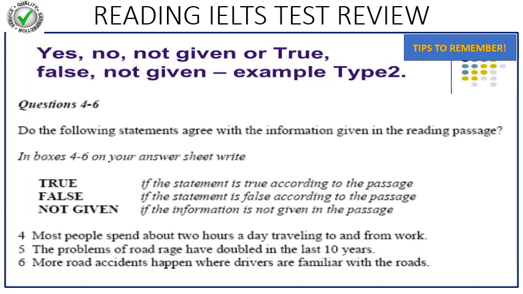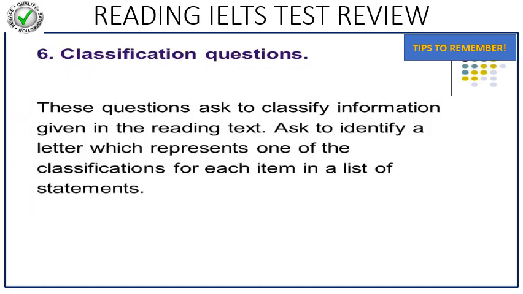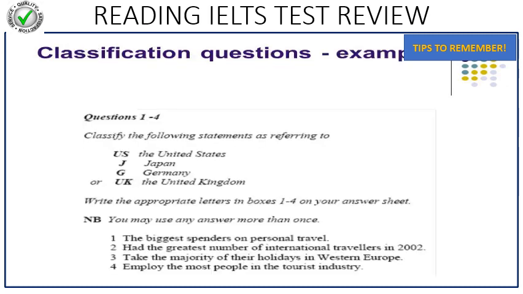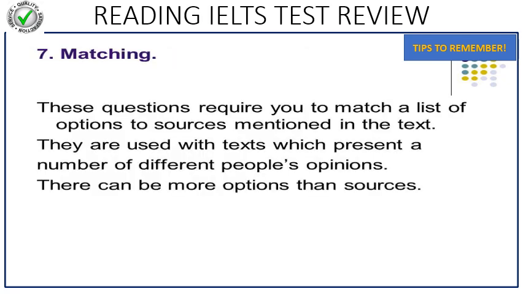23. 6. Classification questions. These questions ask you to classify information given in the reading text. Identify a letter which represents one of the classifications for each item in a list of statements. 25. Classification questions, example. 26. 7.